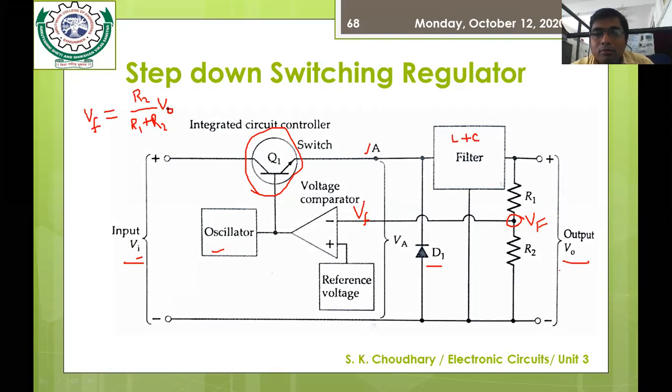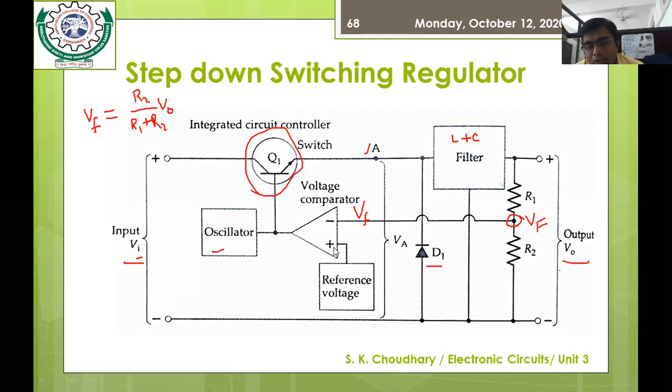There is V naught. So this amount of feedback voltage is given to the inverting terminal of the voltage comparator, and it is compared with the voltage available at the non-inverting terminal, that is the reference voltage.